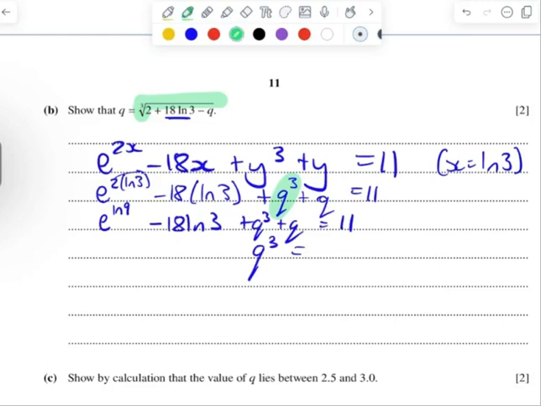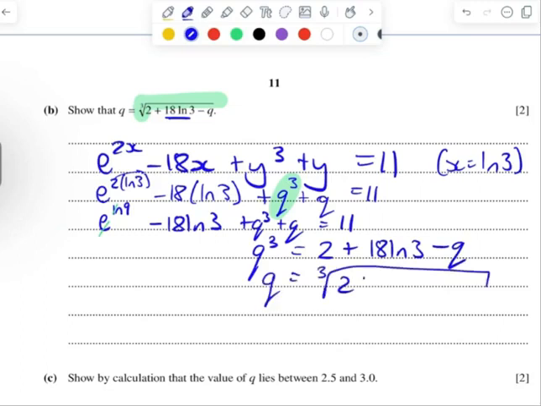What I can see here is these two things fall away and my 9 is going to drop. So that's just a 9. And if I take my 9 to the other side, 11 minus 9 is 2. My negative becomes positive, 18 ln 3 minus q, and then I need to just cube root all that.